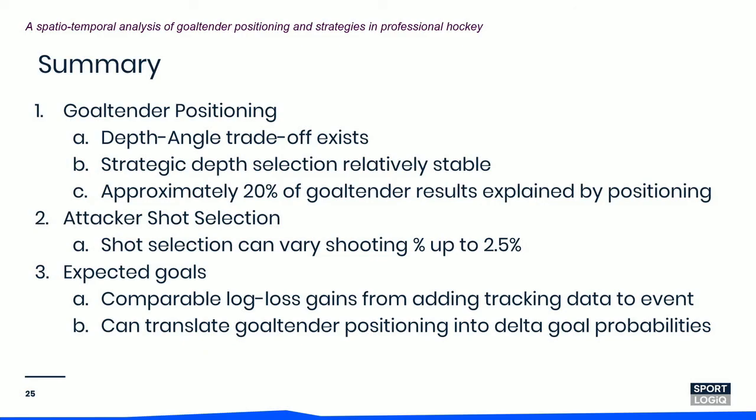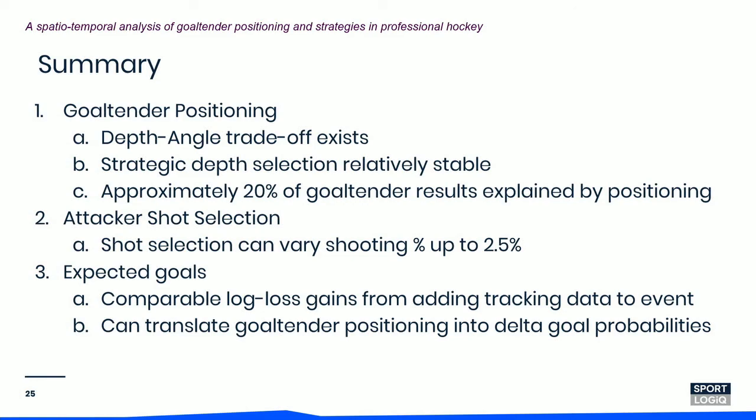So just in sum, we do have this depth angle trade-off. We were able to identify goaltender strategic decisions. They're fairly stable, which is, if we have one sample of data, we can probably infer over the next sample of data. Goaltender positioning explains about 20% of their save percentage, and shot selection for shooters can vary their shooting percentage by up to 2.5%.